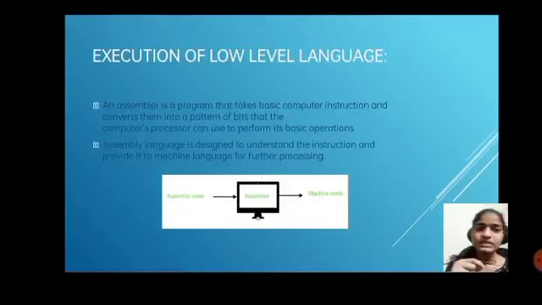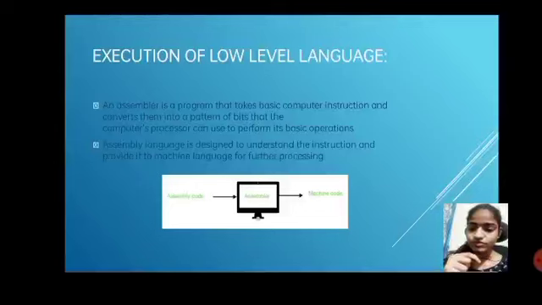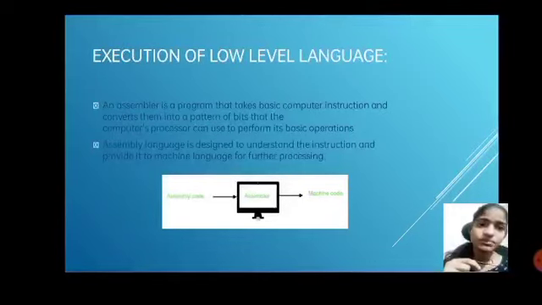So let's see the execution of low level language. In a high level language, there will be a compiler or interpreter. When we write a program, we compile or interpret it, then it is converted into machine code, and the hardware processes it and gives the output. But what happens with low level language?